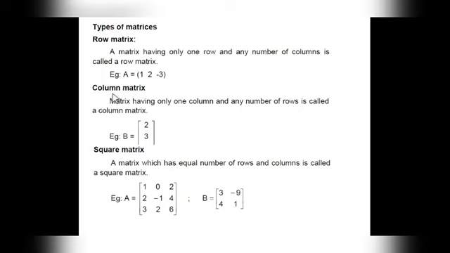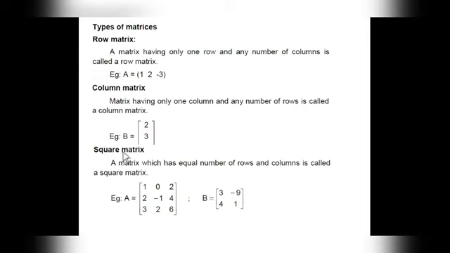The second type is column matrix. A matrix having only one column and any number of rows is called as a column matrix. This is exactly opposite of this. For example, B is a matrix which is having only one column, but we can include many rows in it.